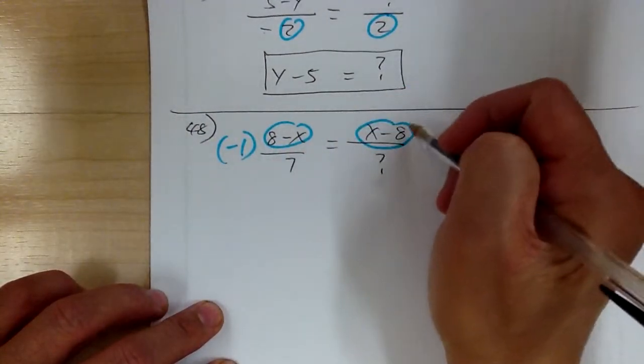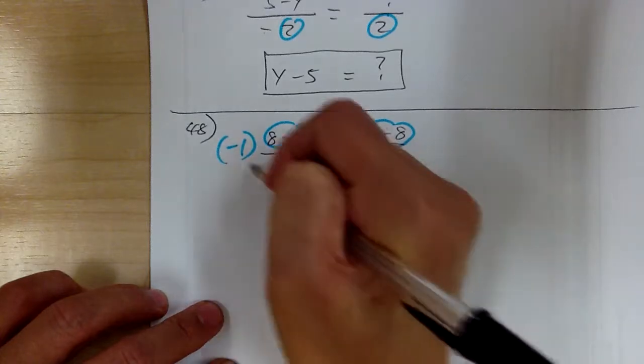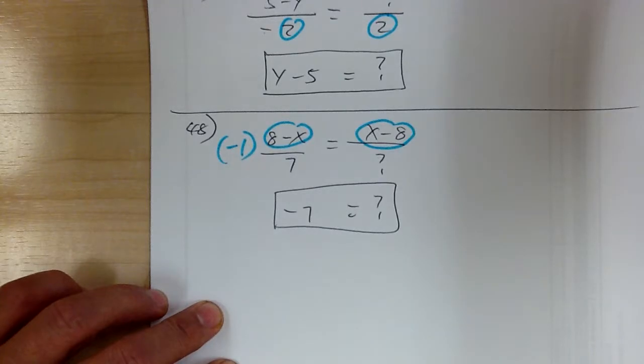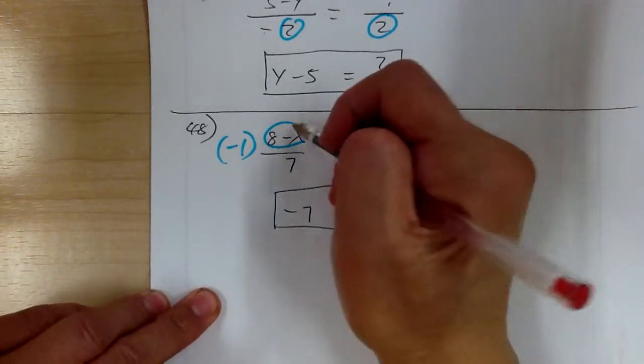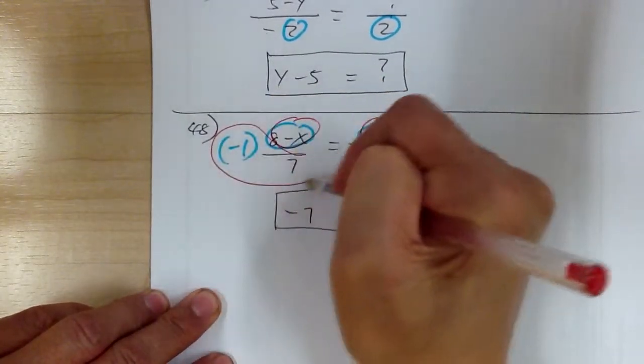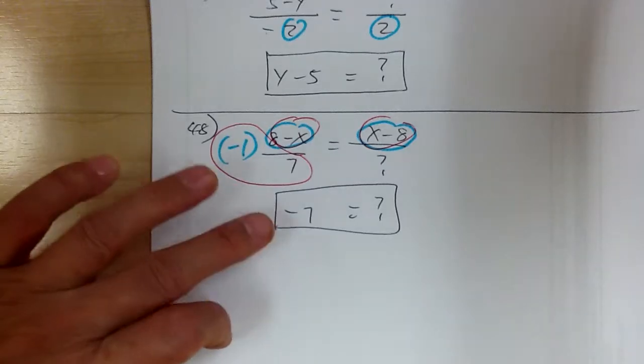So that cancels out, and that means the question mark will equal negative 7. Again, this matches with that, so the question mark will match with these, and that's how we get negative 7.